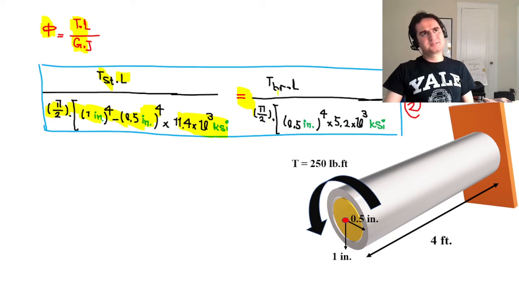So torsion of brass times length over polar moment of inertia times the rigidity modulus for brass.